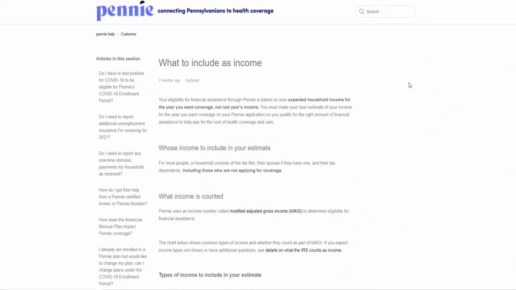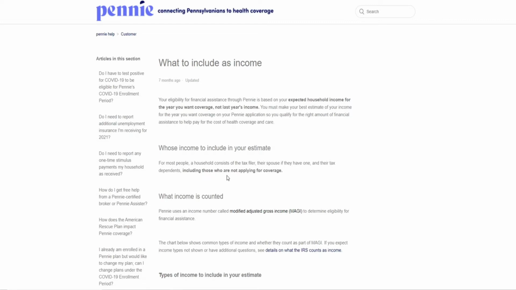But for just general customers or individuals that might be brand new to the concept, the idea of working through that income, we're going to hit a few topics on just to make sure that folks are clear. But right now, what we are going to focus on is what to include in your income calculation.